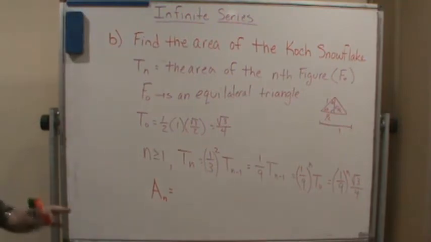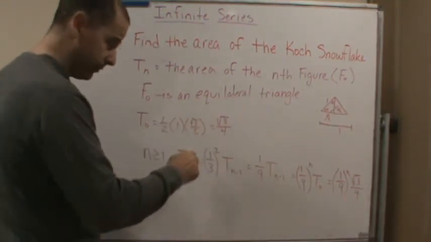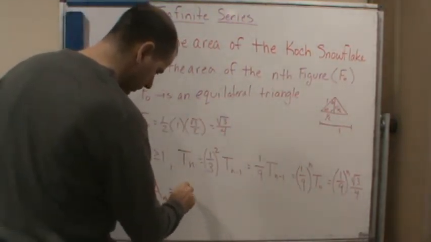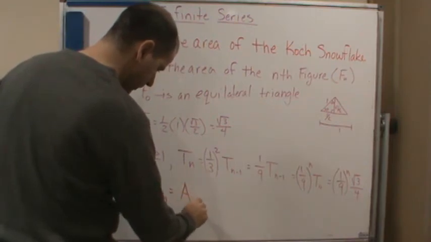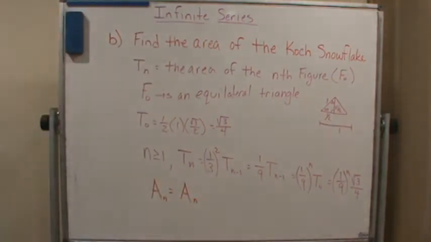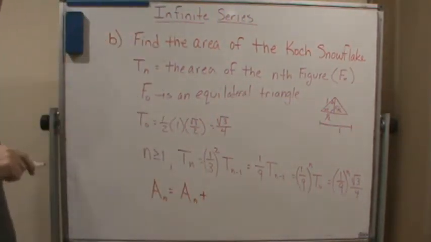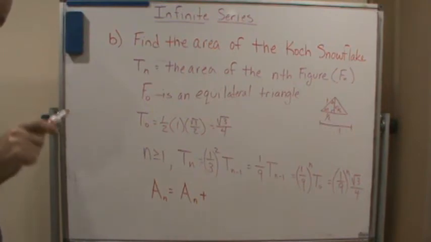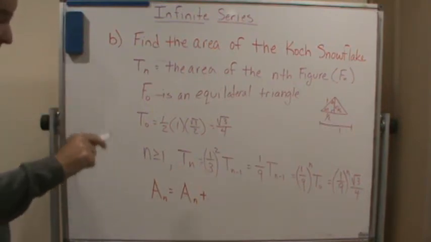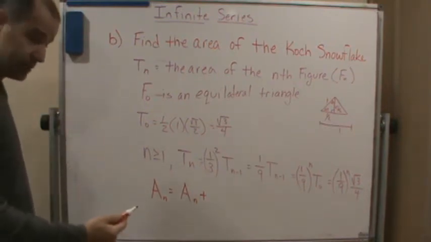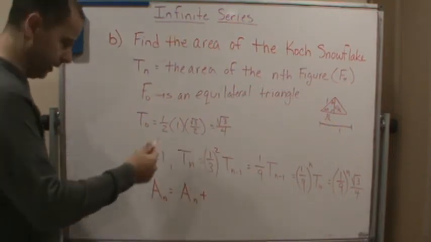It's going to be the area of the previous figure, right? Plus the area of the new triangles that are added times the number of sides of the previous figure.